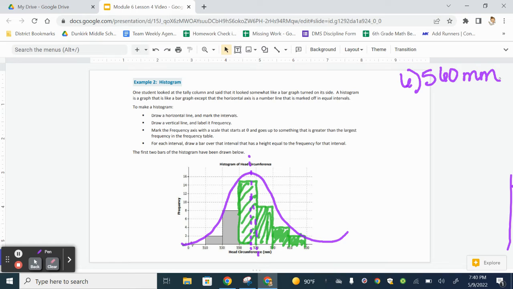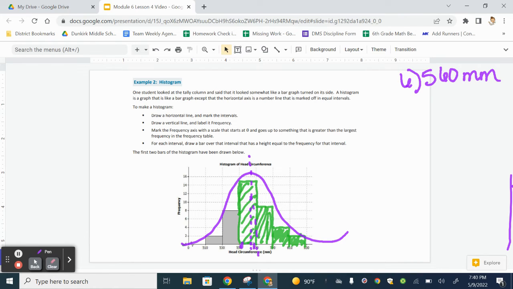Number 7, how would the histogram change if you added a head circumference of 551 millimeters and 569 millimeters to the data set? In other words, if we had a 551, it would be in here, right? And then if we had the 569, it would go right about here.